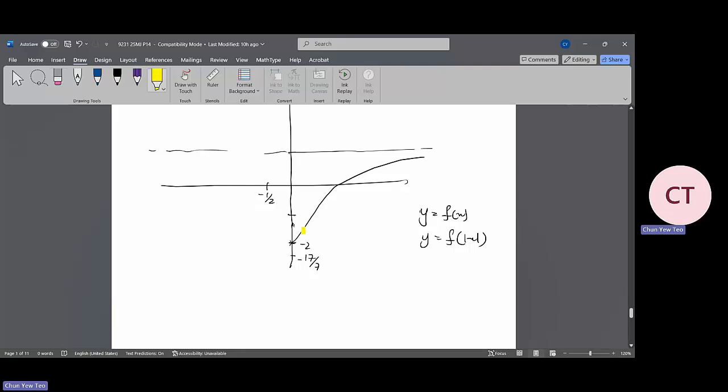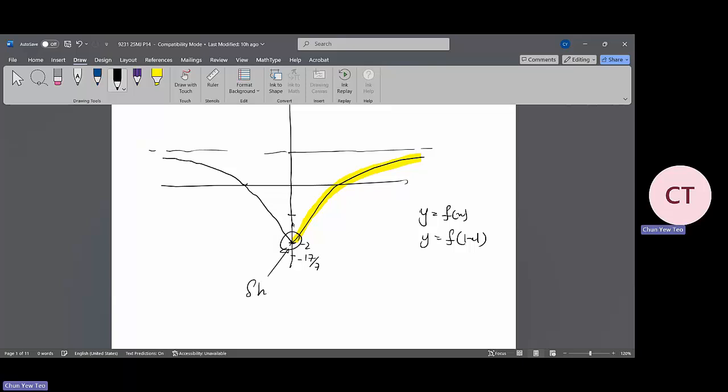The part that you have over here, you just need to reflect about the y-axis, then done. If you reflect, then this will be the graph. This one I need to draw properly. Okay, so this is a sharp corner.